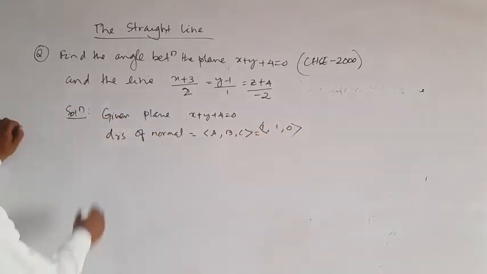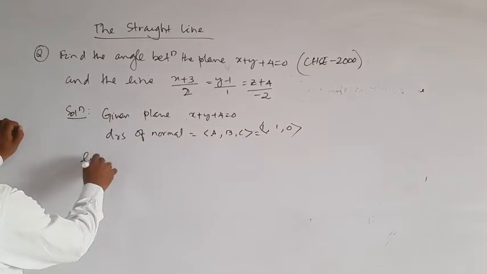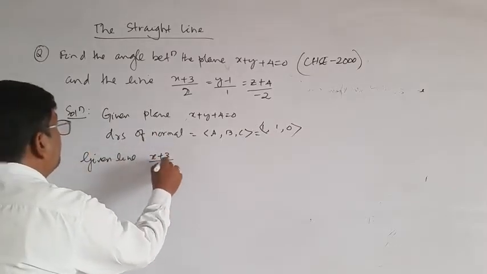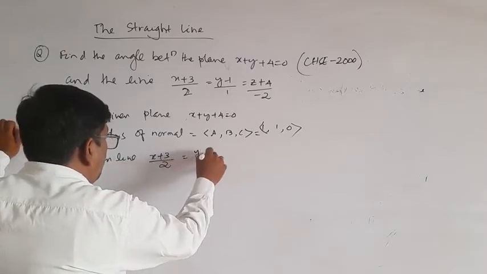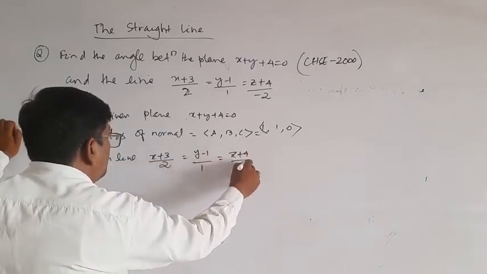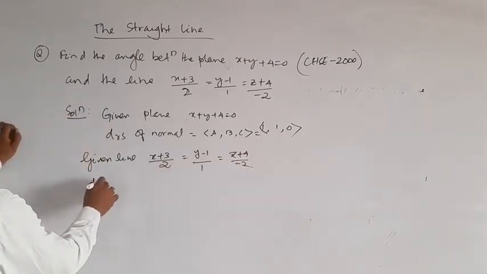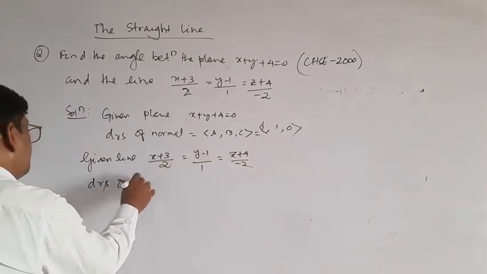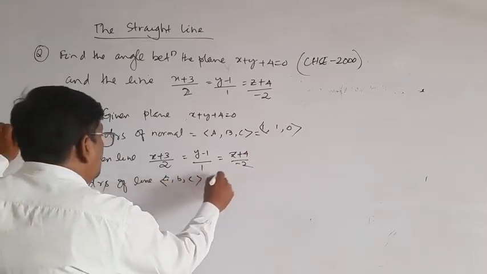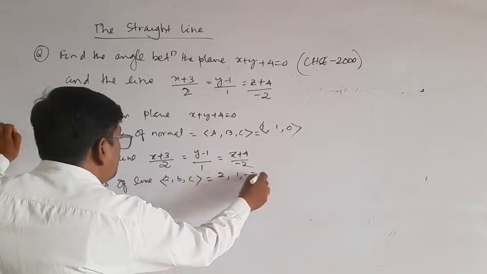And given line (x plus 3) by 2, (y minus 1) by 1, (z plus 4) by minus 2. So the DRs of the line, small a b c, are 2, 1, minus 2.